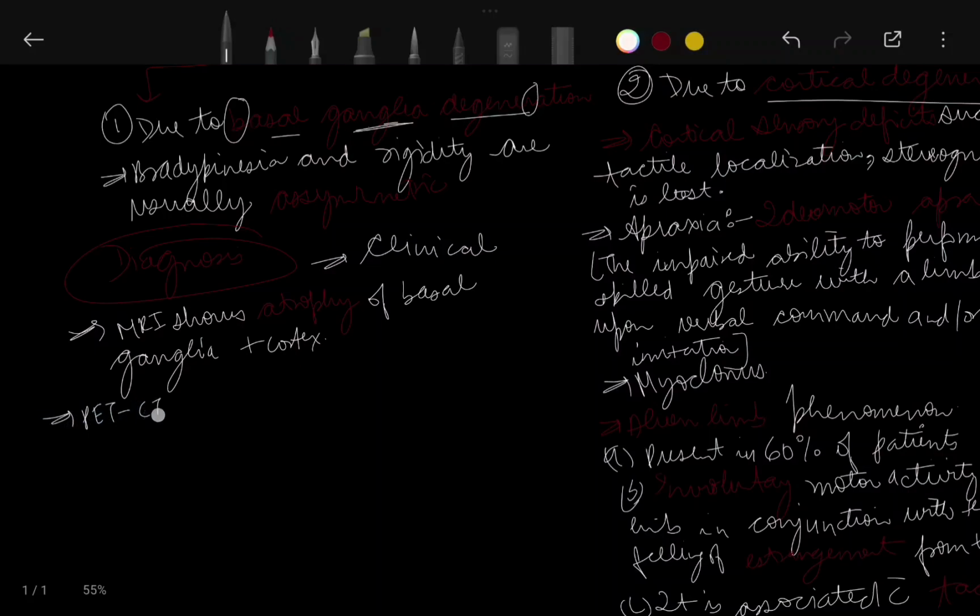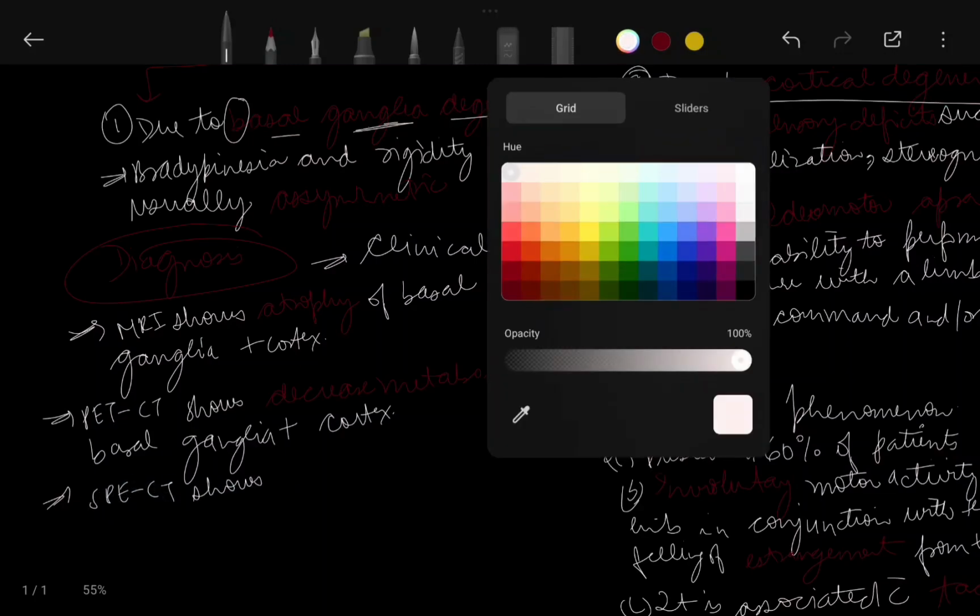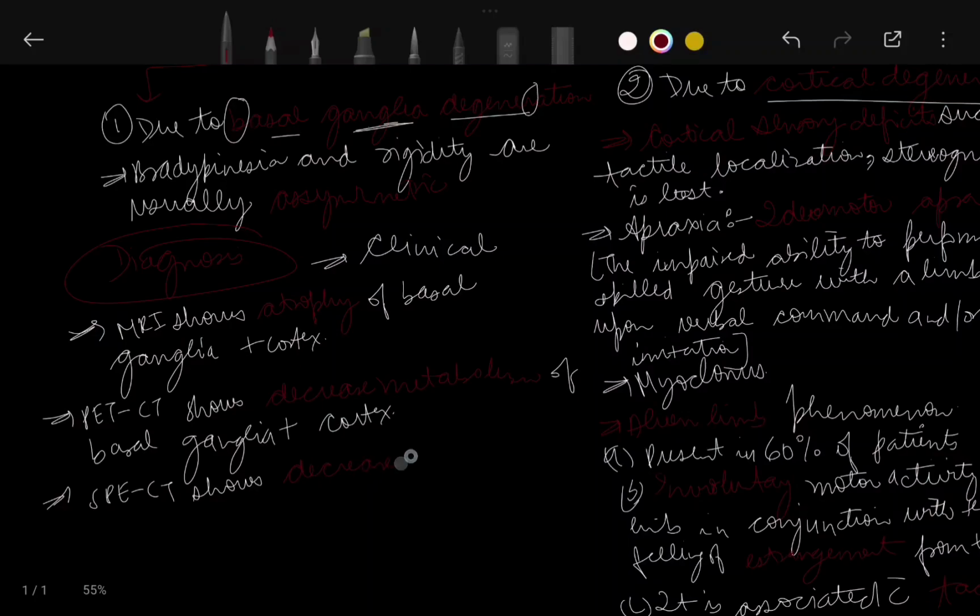PET CT scan shows decreased metabolism of the basal ganglia plus cortex, and SPECT also shows decreased metabolism of the basal ganglia plus cortex.